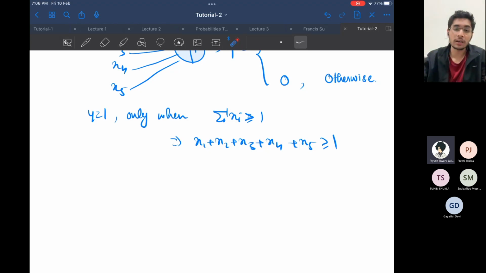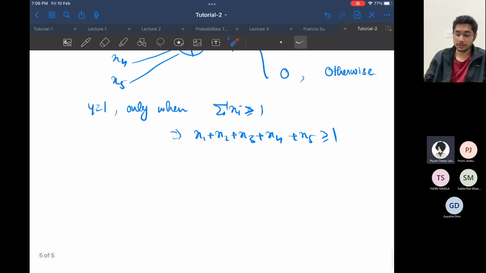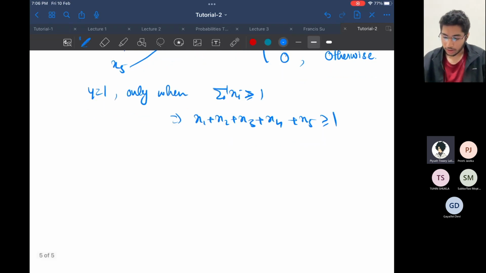If more are filled, then we are happy, but we don't want all of them to be empty. So how do we calculate these things? We resort to combinatorics.